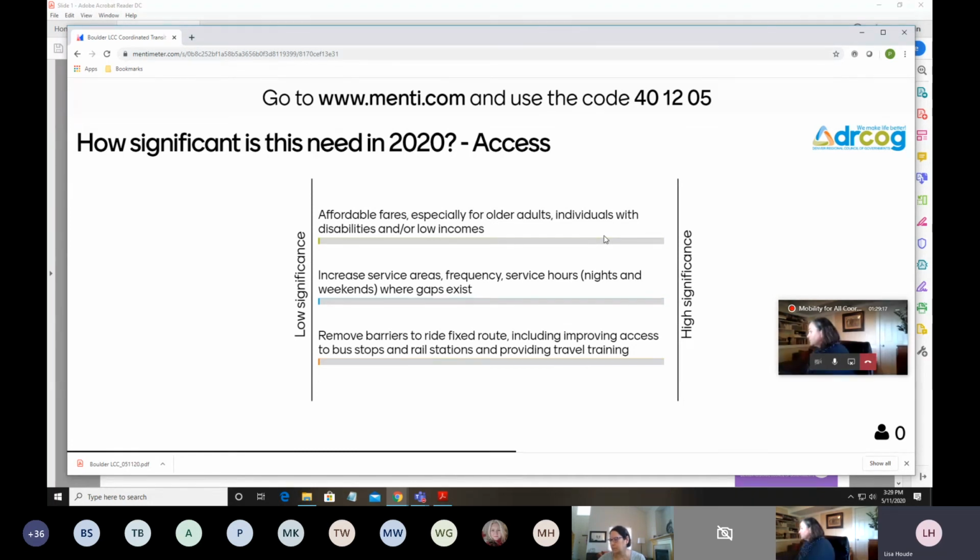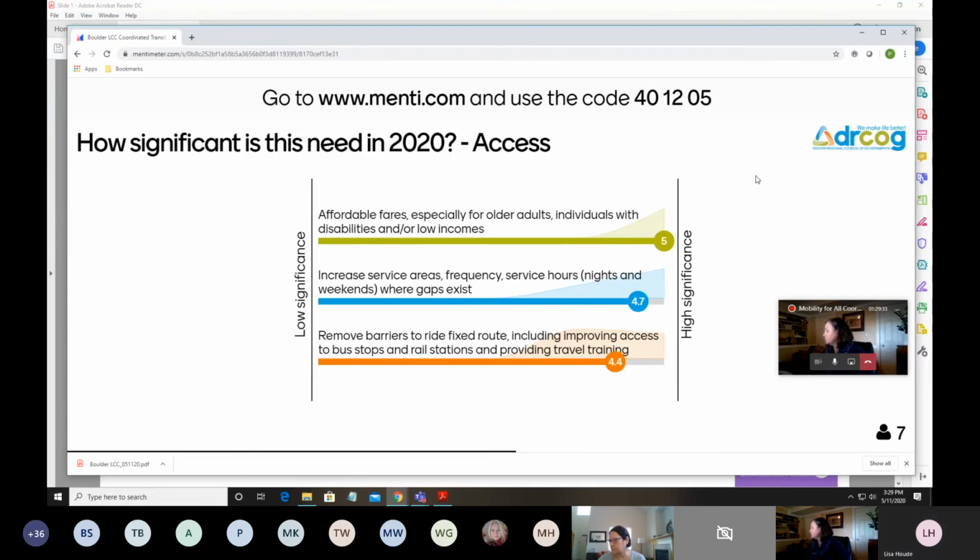And then you choose the rating, I think it's 1 to 5, based on what the significance of the need still is in 2020. And this one is a little more reading, so it'll be a little bit slower. And if you have any questions or need clarification on anything, feel free to speak up.